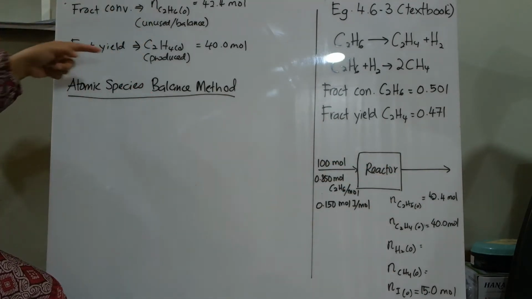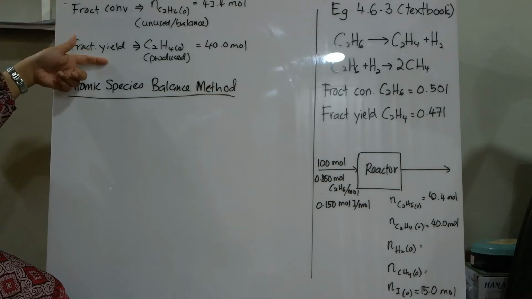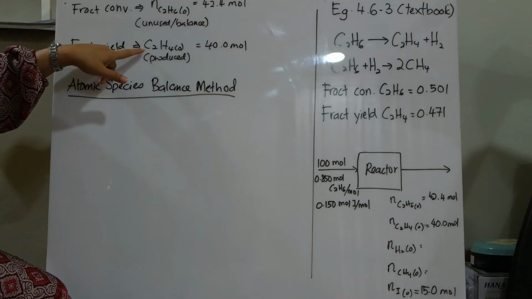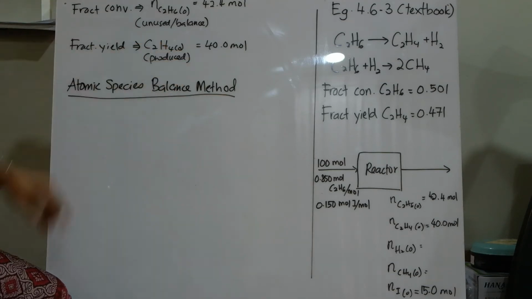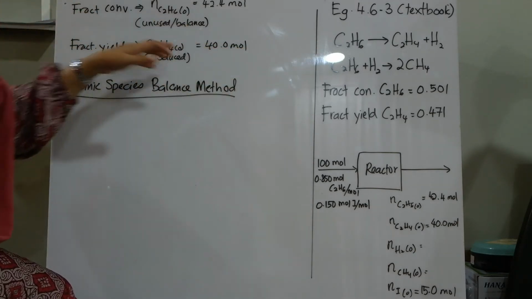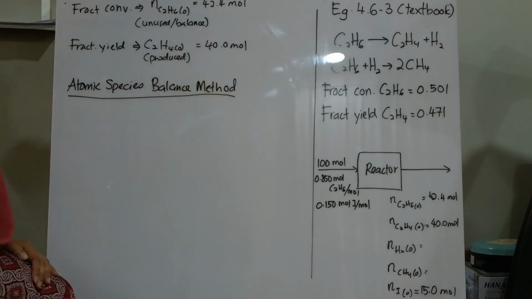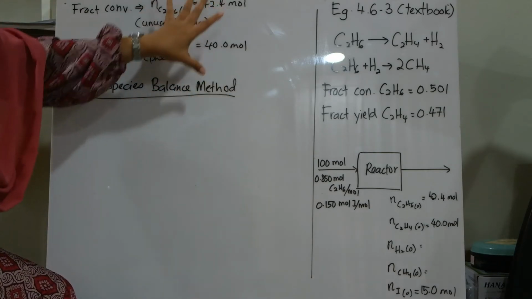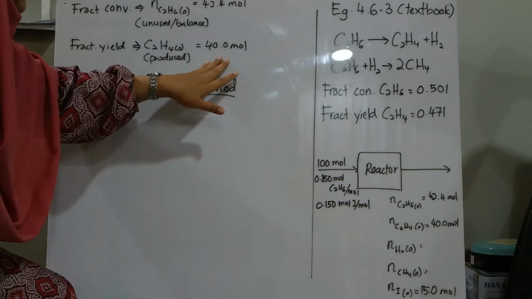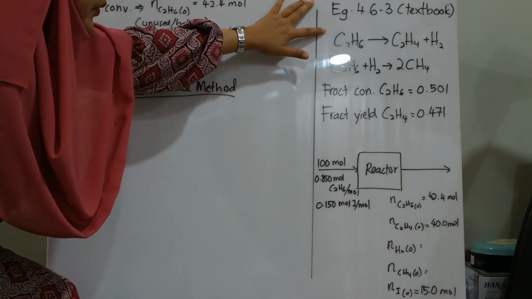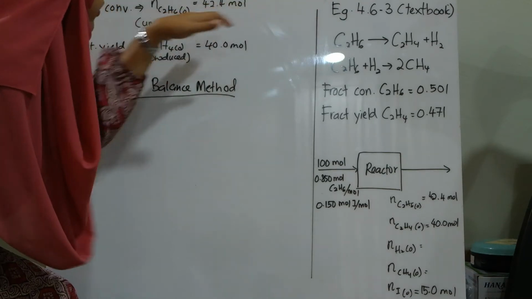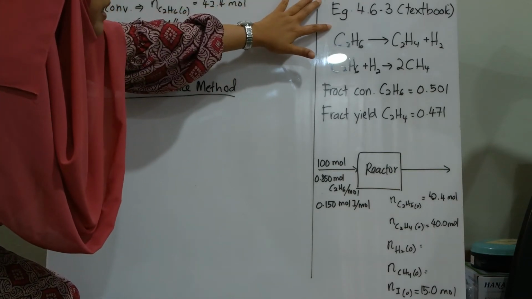From the fractional yield equation, you can calculate how much ethylene, C2H4, is being produced with this process, which is 40 mole. If you want to know how we got this, you can check my previous video, or look into the example in the textbook, 4.6-3.